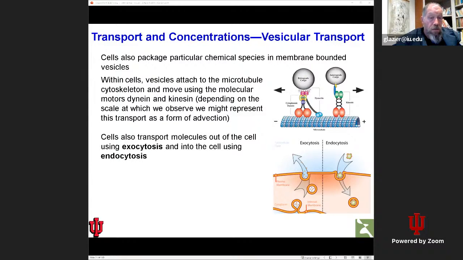Chemical signals at neuronal junctions are released that way. So endocytosis and exocytosis are additional ways that cells move material from outside the cell into it and vice versa. Again, in our world, this is a level of granularity we're typically not going to represent, but we have to begin to think about how we would represent those processes computationally.